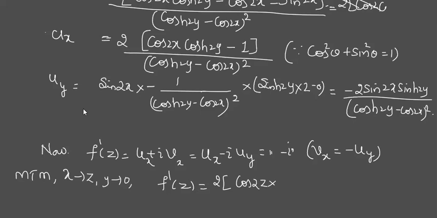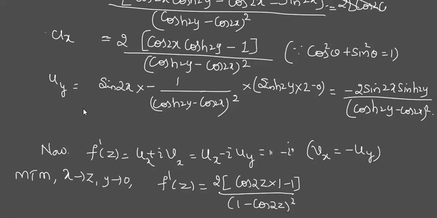What is cos hyperbolic 0? Cos hyperbolic 0 is 1. 1 minus 1 divided by cos hyperbolic 0 is 1. Yeah, this denominator is 1 minus cos 2z. So 1 minus cos 2z the whole square.